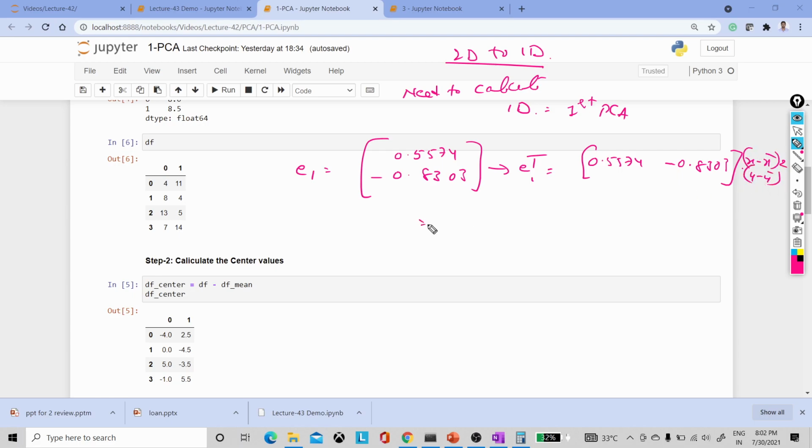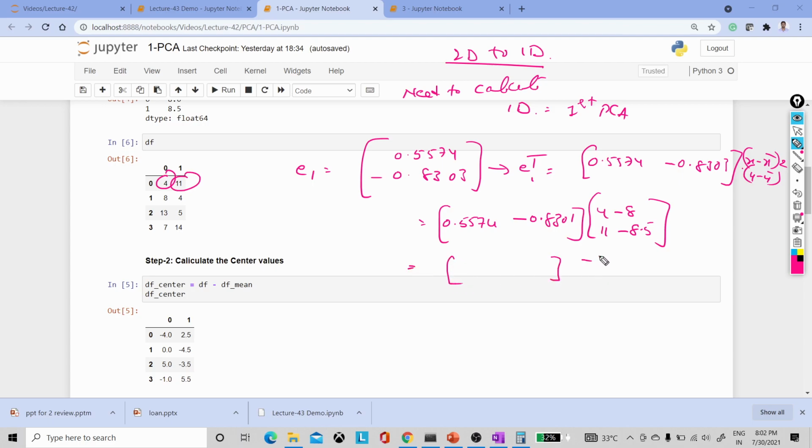That is 0.5574 minus 0.8301, with x minus x bar, where x is 4 and x bar is 8, y is 11 and y bar is 8.5. Now you can calculate these values.